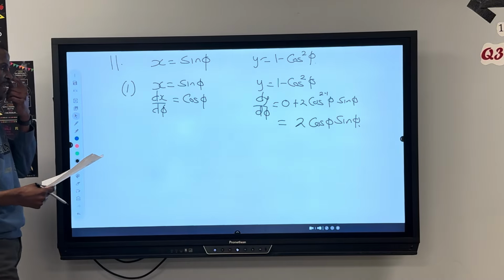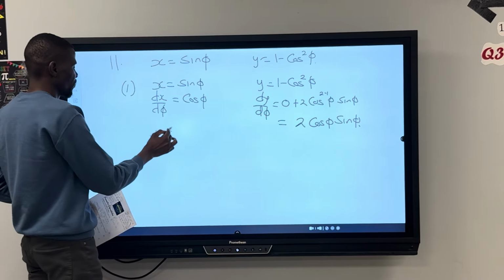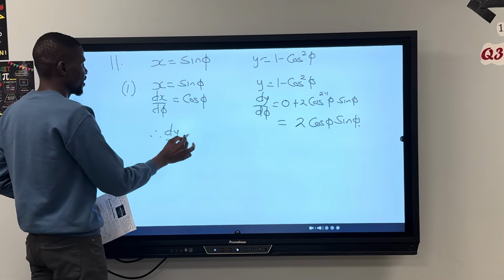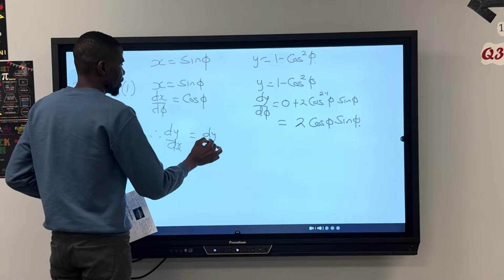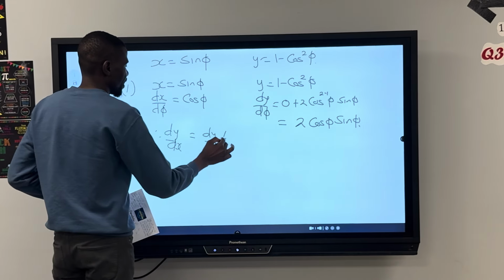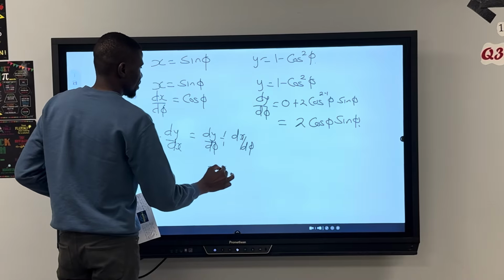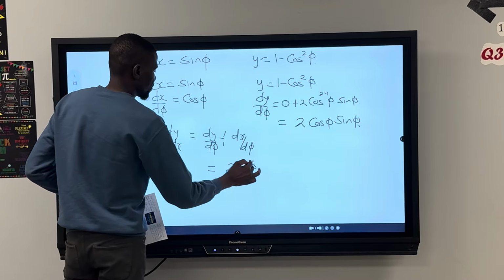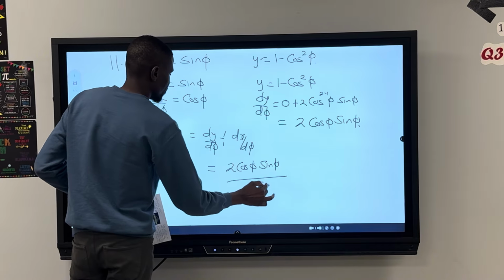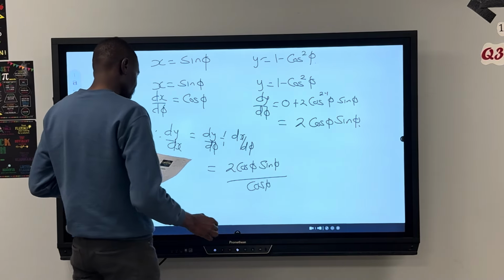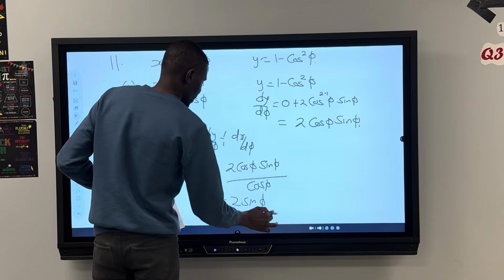So once we get those derivatives, we now want to find dy/dx, which is equal to dy/d phi divided by dx/d phi, which is equal to 2 cos phi sine phi over cos phi, which is equal to 2 sine phi, right?